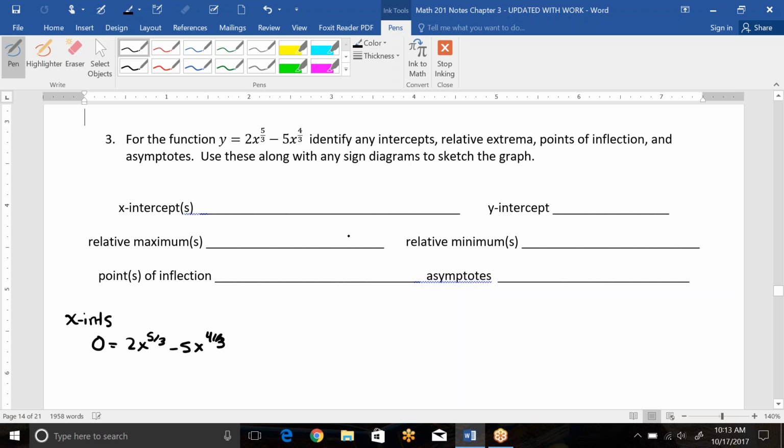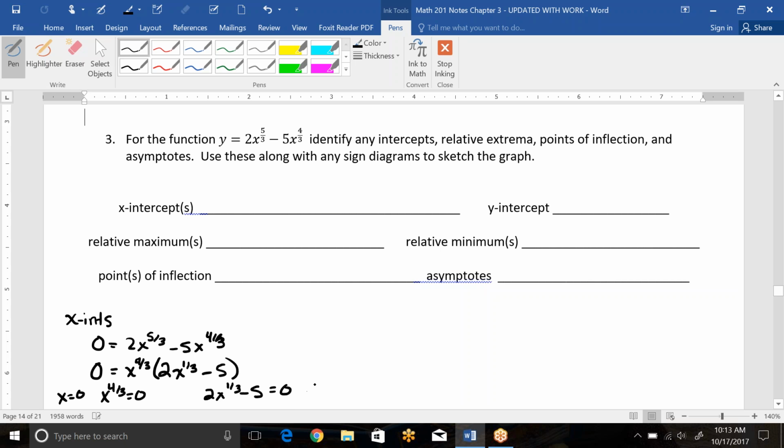Now, since they both have x to the 4/3 in common, we can pull that out as a common factor. That would leave me with 2, and then this would be x to the 1/3 minus 5. We would set each of those parts equal to 0. This first one will just give you x equals 0.